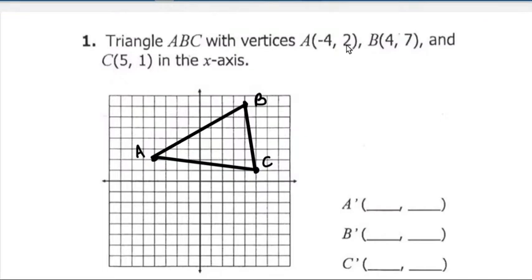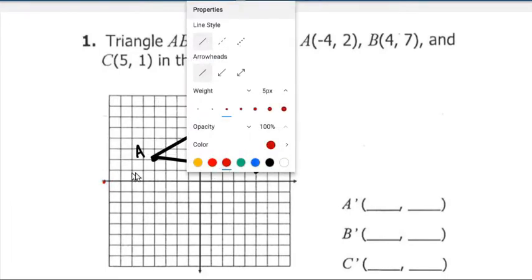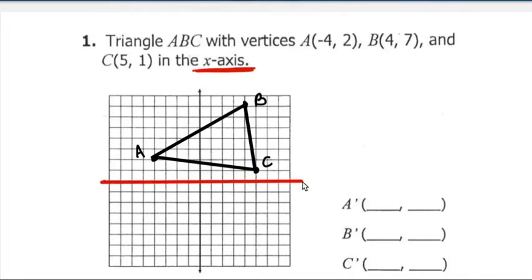Okay, so here's our triangle ABC, and it says we're going to reflect it over the x-axis. So that means that the x-axis is our mirror. So what I like to do is take a different color and draw a line on my line of reflection.